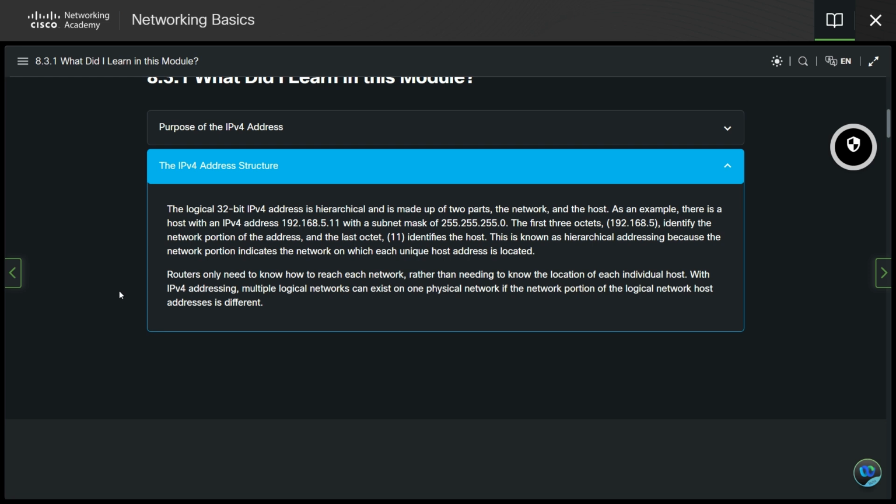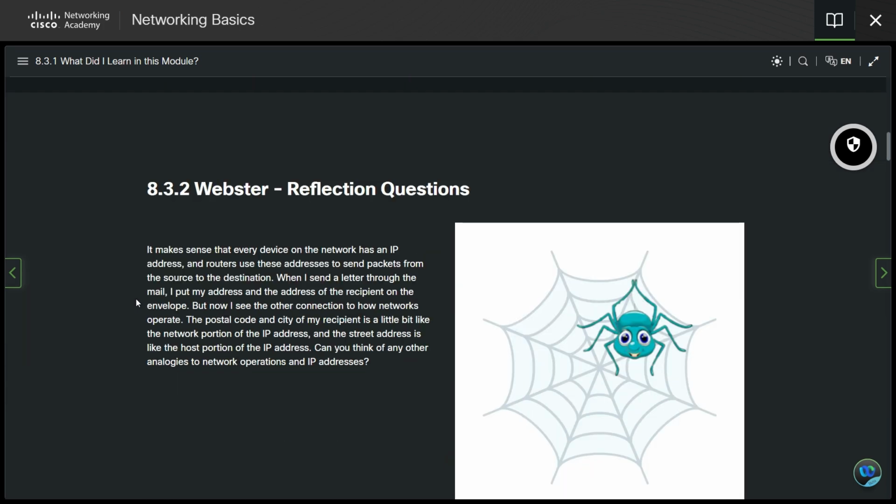Routers only need to know how to reach each network rather than needing to know the location of each individual host. With IPv4 addressing, multiple logical networks can exist on one physical network if the network portion of the logical network host addresses is different.